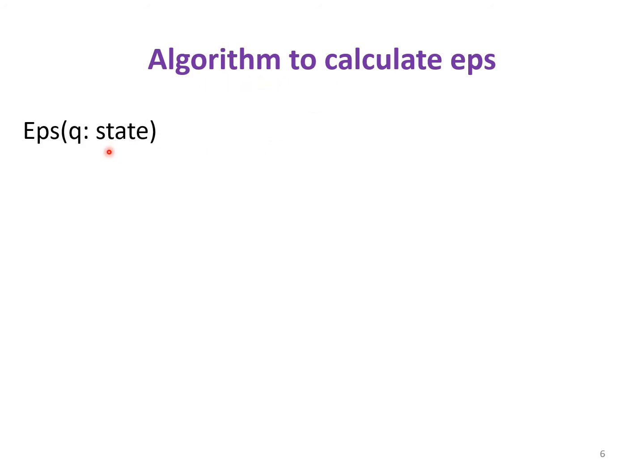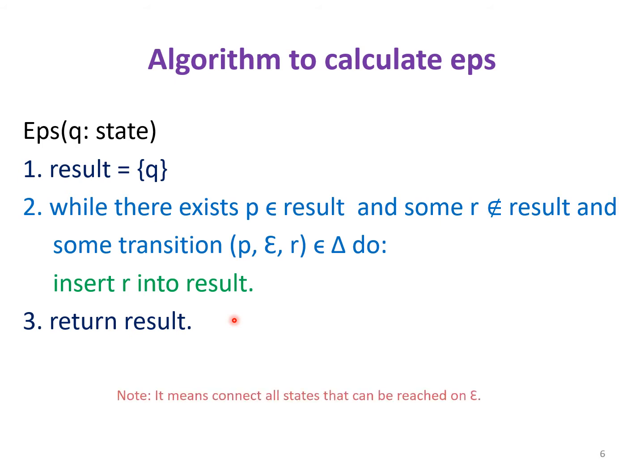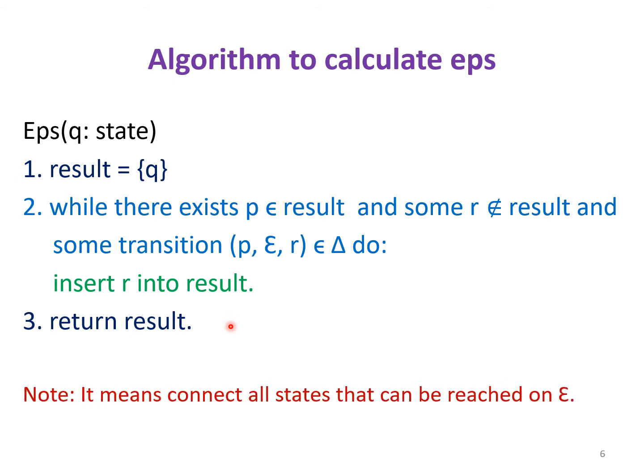Given a state q, by default q is in the result. Next, if p belongs to result and r does not belong to result and there is a transition from p to r with epsilon in Δ, then insert r into the result and return the result. It means connect all the states that can be reached on epsilon.